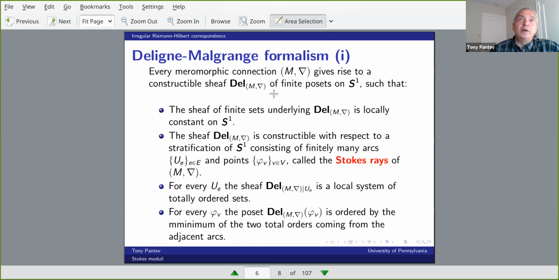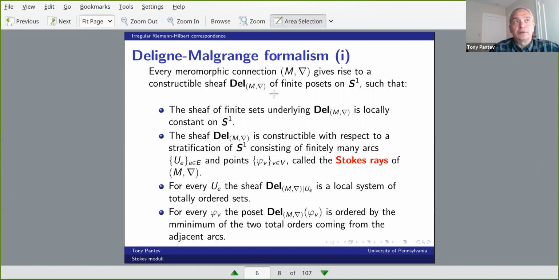If you want to think about these things explicitly, I didn't create slides about that, but what you really need to do is look at convergent solutions on sectors. And you need to look at the growth of the eigenvalues for those solutions for the corresponding system of ordinary differential equations.